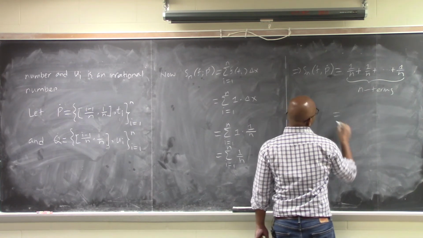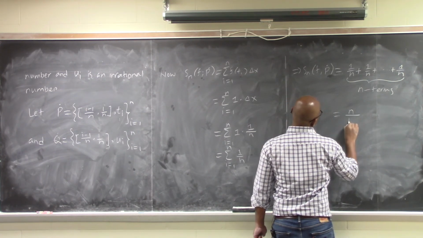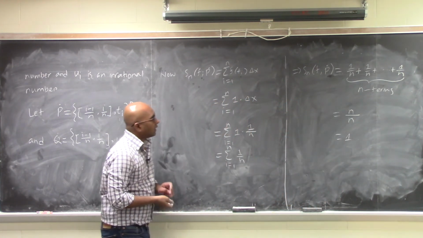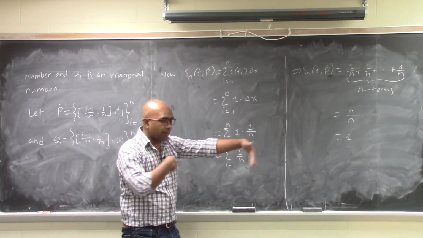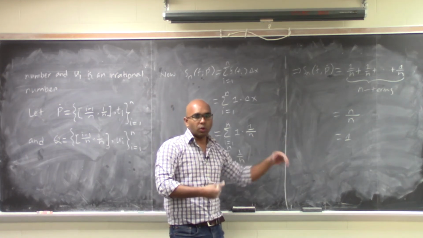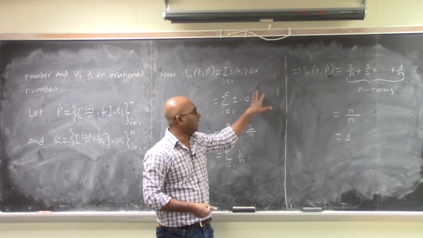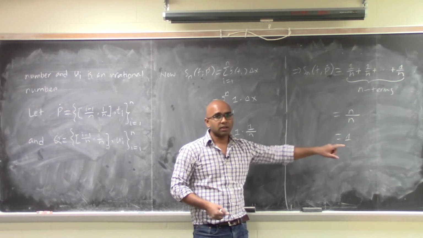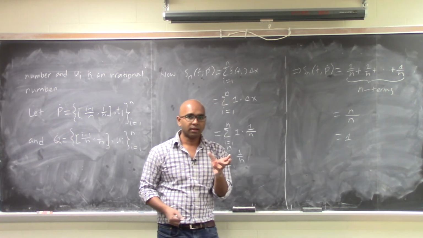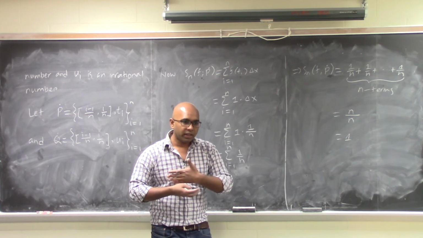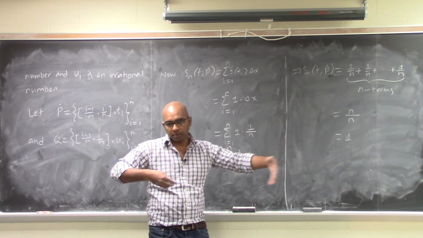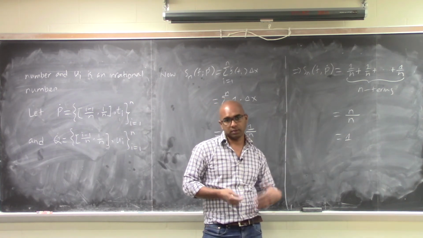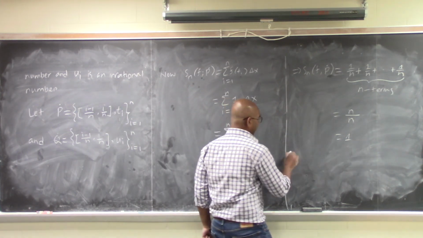So if you add all of them, you get n over n, which is just 1. That means if you subdivide the interval 0 to 1 into n pieces, the Riemann sum is going to be 1. Notice the Riemann sum does not depend on n. So no matter how big your n is, it's still going to be 1.